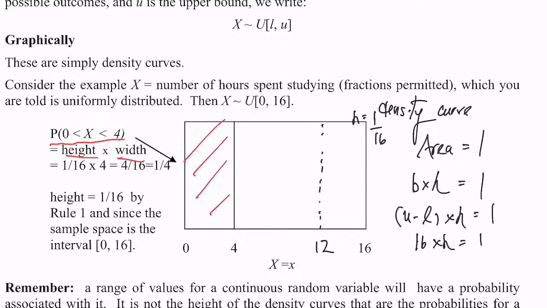The width is 4. The height is always 1/16. So you just multiply them and get 4/16 or 1/4. So there's a 25% chance that a student studies between 0 and 4 hours, similarly between 12 and 16. So a student is just as likely to study a little bit as they are to study a lot.